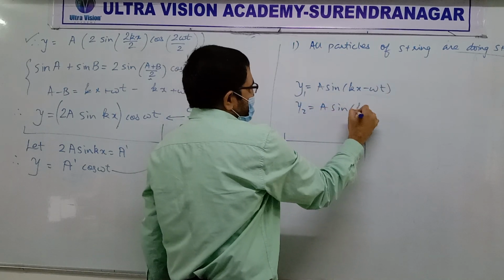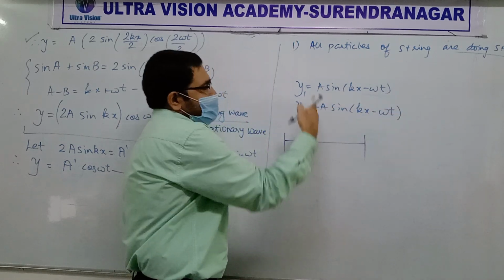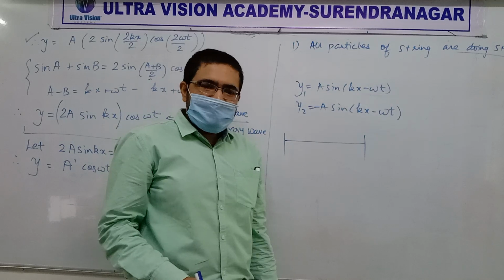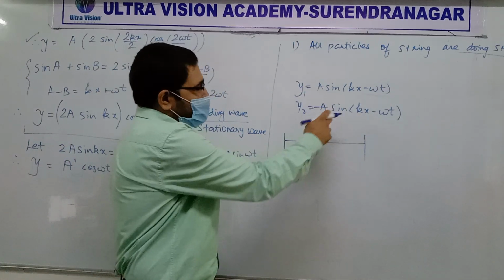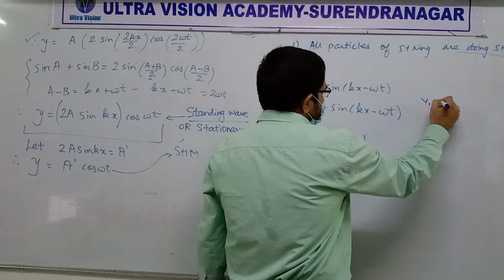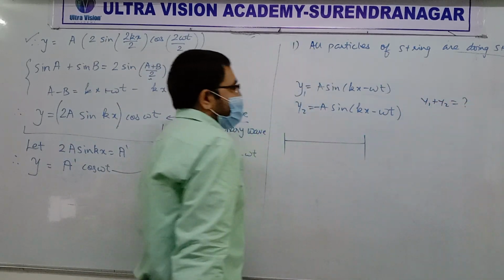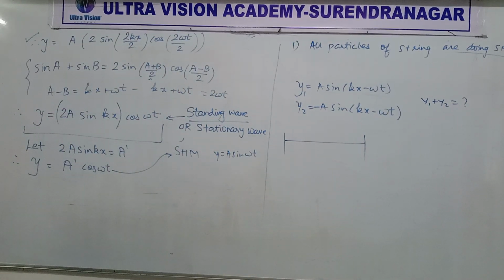Don't write this, everyone, this is just for answering that question. Let's say these are two waves going on the same string. Then what do you think is y1 plus y2?